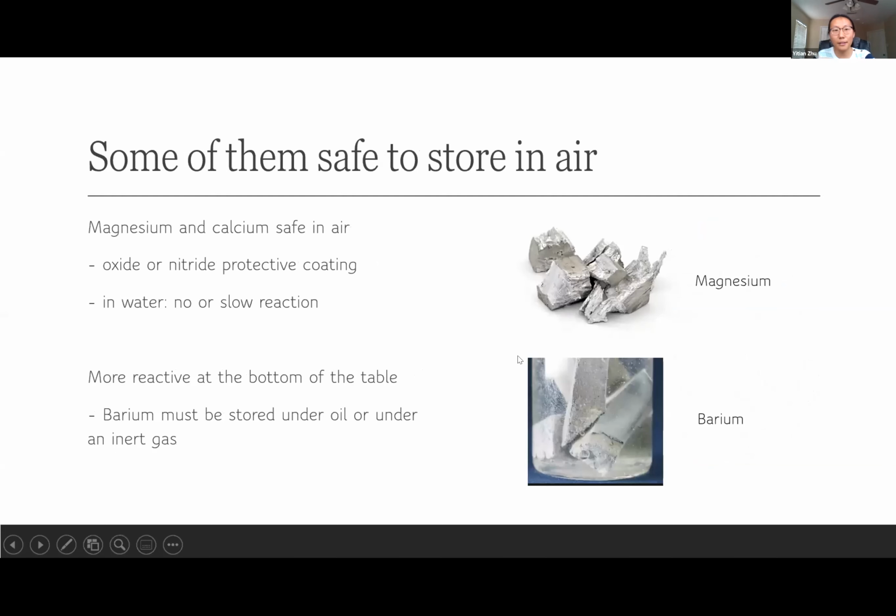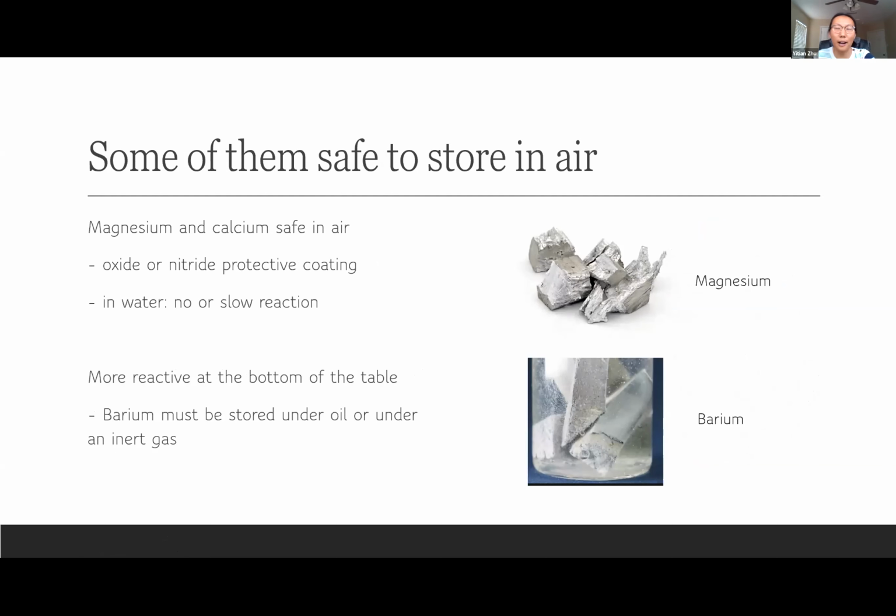Okay, so in fact, unlike all the alkali metals in group 1, which have to be stored under oil, some of the group 2 metals are safe to store in air. For example, magnesium and calcium are safe in air.